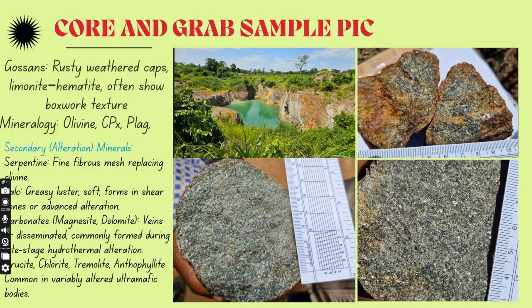This is mafic we are talking about. And secondary alteration minerals are very essential to understand, like serpentine, talc, different carbonates. Late-stage hydrothermal imprint can also happen sometimes, so those things you also need to take care of.